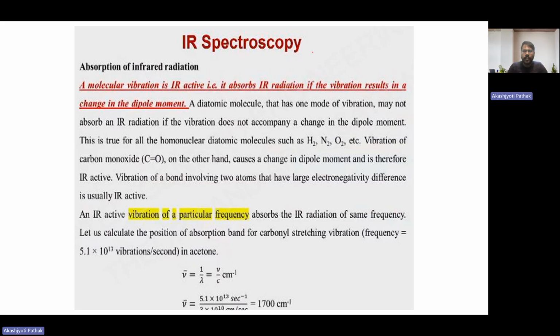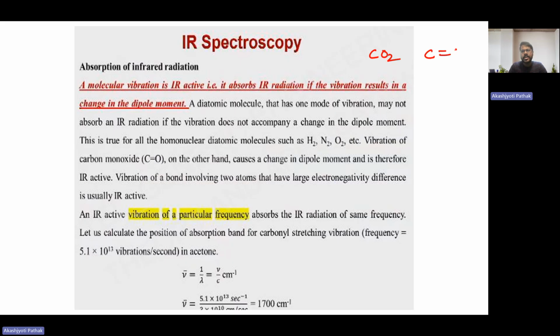So there are two different techniques. One is IR spectroscopy and another is Raman spectroscopy. IR spectroscopy is utilized for molecules which are having some dipole moment. Only those molecules are IR active, while the molecules which are not having any dipole moment are not. For example, you can consider the CO2 molecule. CO2 molecule does not have any dipole moment, isn't it?